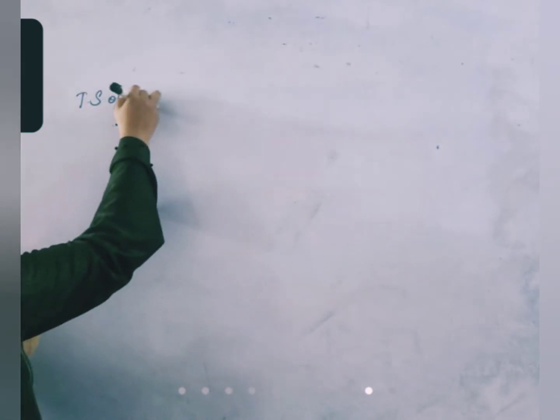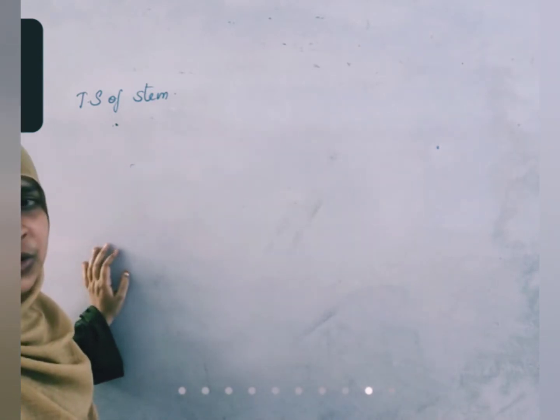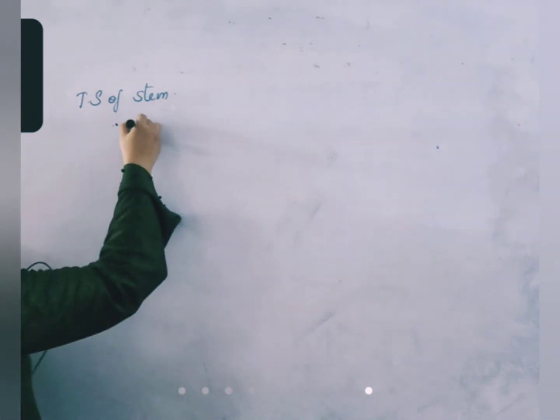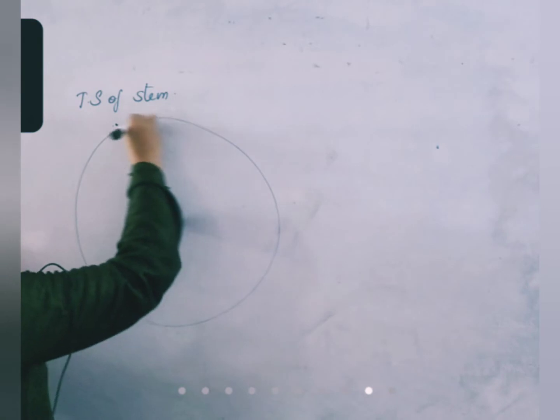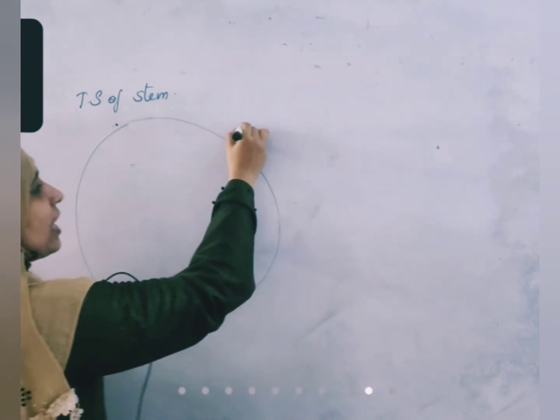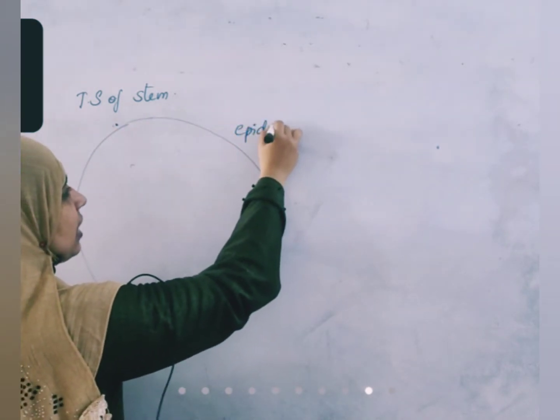Very simple. As we have already seen the structure of root, the TS of stem is going to be simple for you. As in the case of root, the outermost layer in stem also is epidermis.